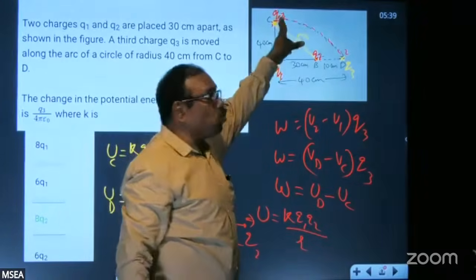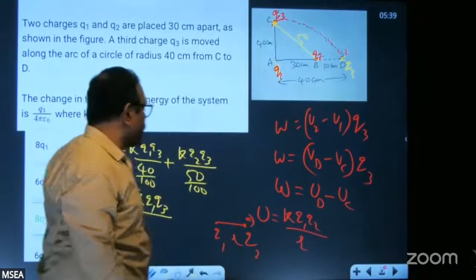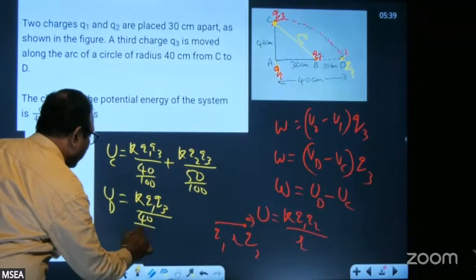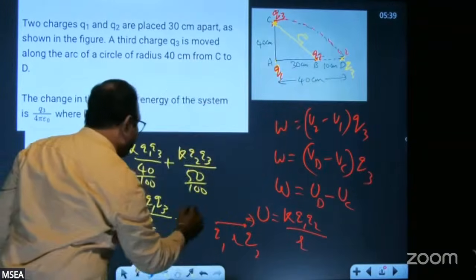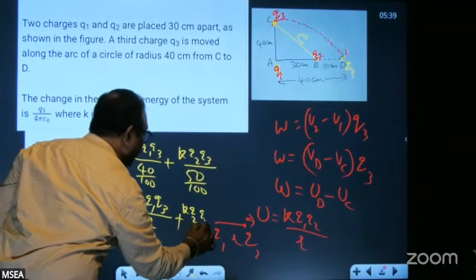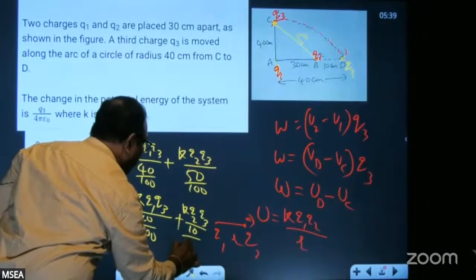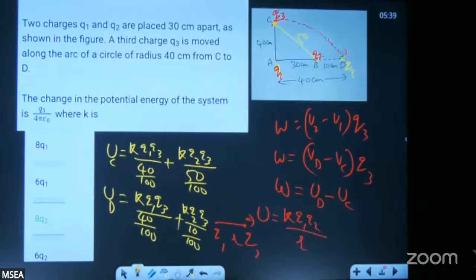Once the charge is moved from C to D, the distance between Q1 and Q3 is 40, so 40 by 100, plus between these two, K into Q2 into Q3 by 10 by 100. Once you take the difference of these two, the Q1 terms get cancelled.